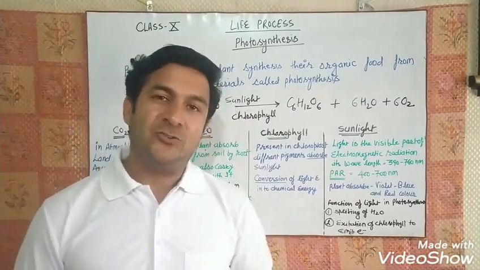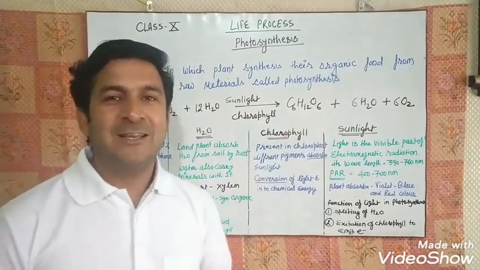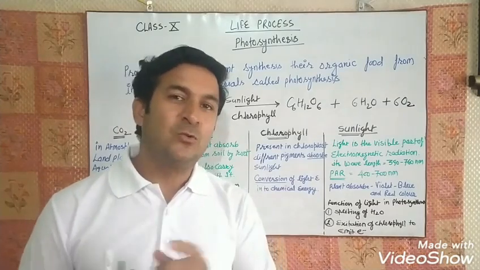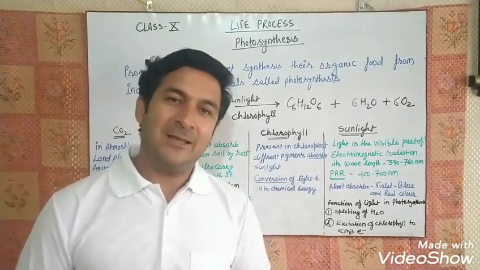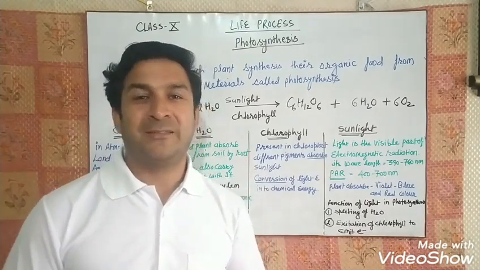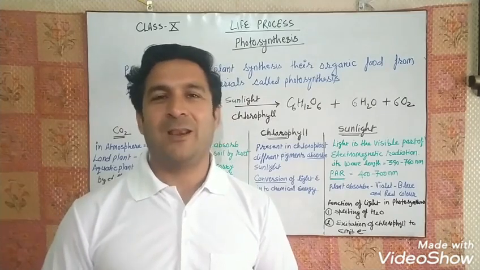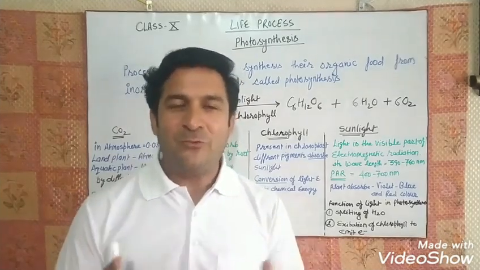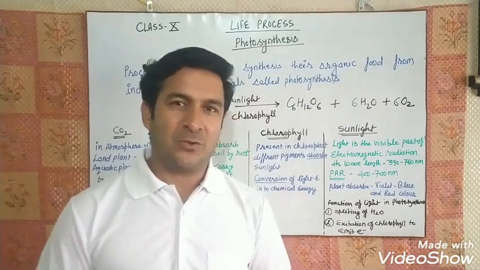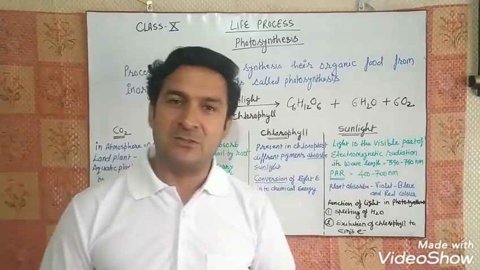When I teach you the mechanism of the process of photosynthesis, at that time you will easily understand what is the use of the raw material there and how it is utilized by the plant in photosynthesis for the preparation of organic food like glucose. Okay, so we will focus today on the raw material. This is the inorganic raw material we will discuss today.